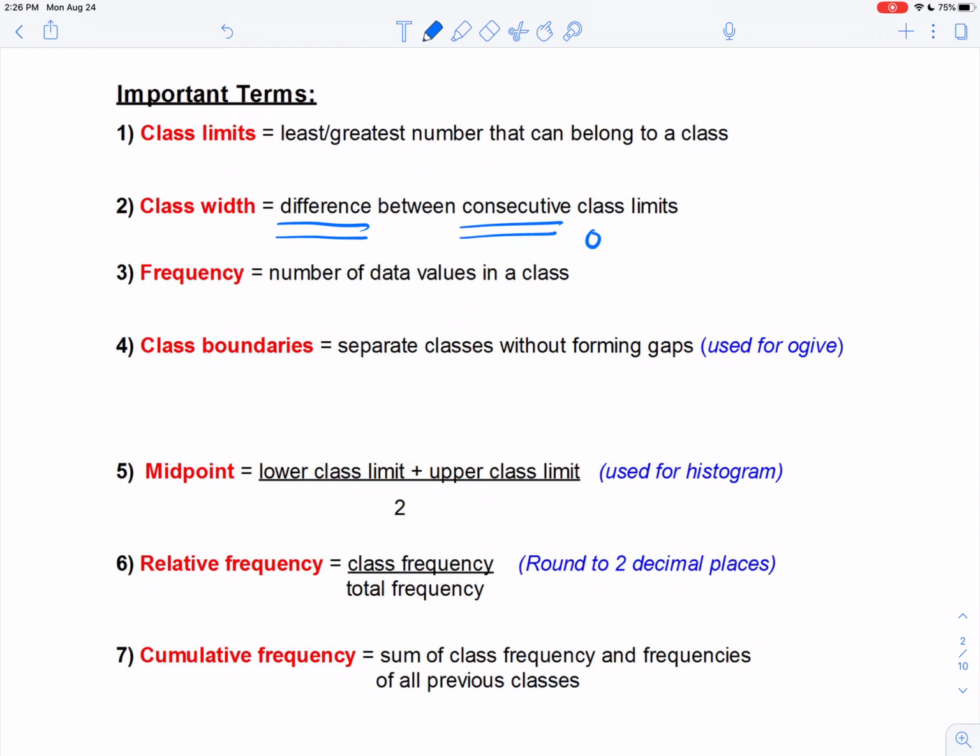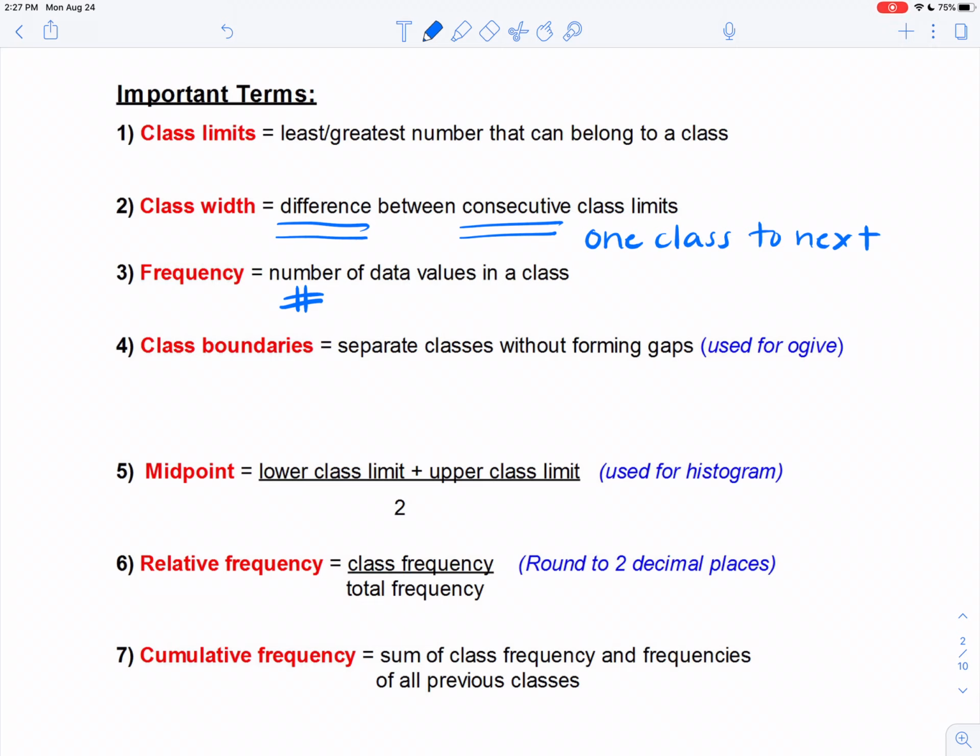And again, what we're talking about here is the difference from one class to the next class in terms of its lower or its upper limits. It has to be the same type. And then the frequency again tells me a count of how many of my data values fall within each class.